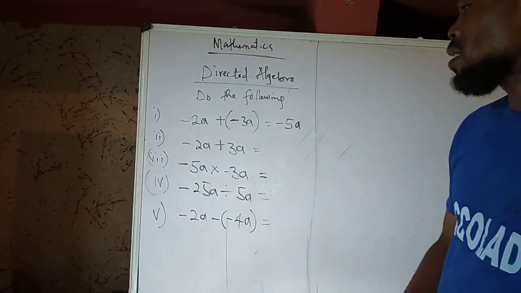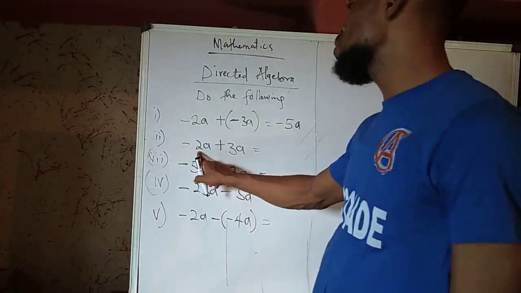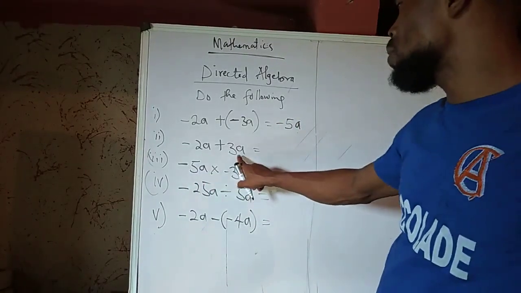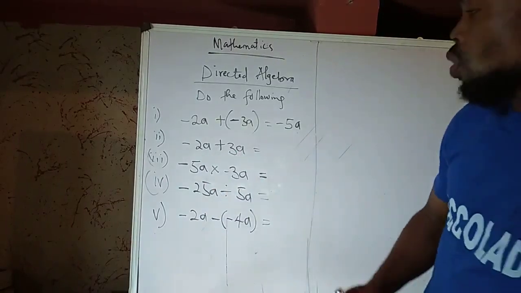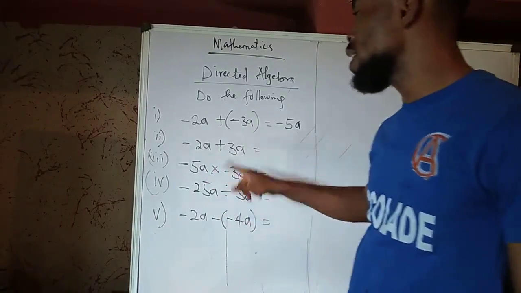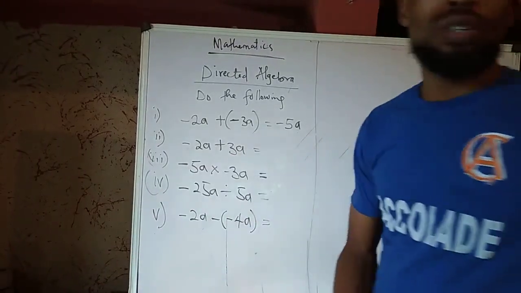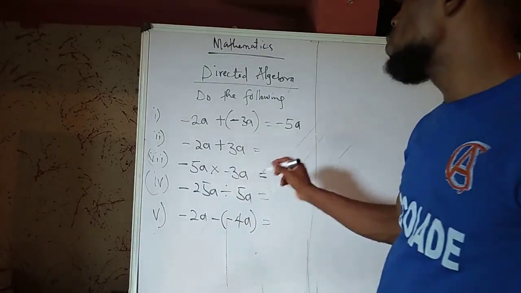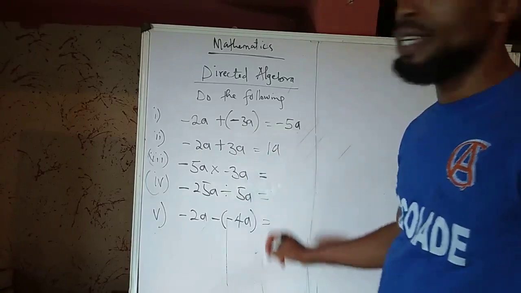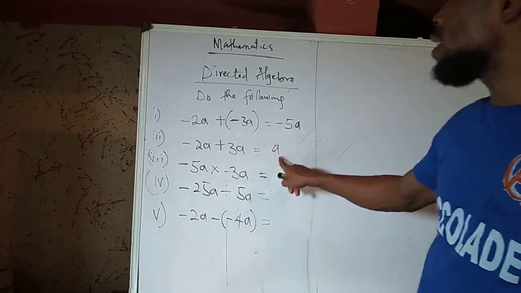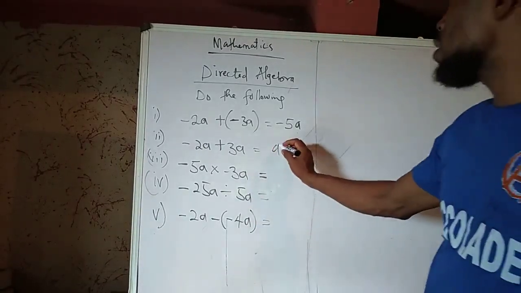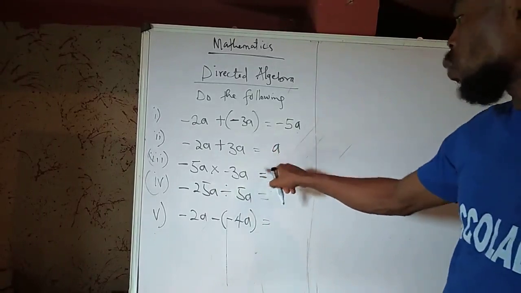Yeah, so that's it. Now here you owe 2a, but you have 3a. You owe 2a, but you have 3a. So if you pay off your 2a that you owe, what will be left is what? 1a, which we can comfortably write as a, because the a here is simply 1.